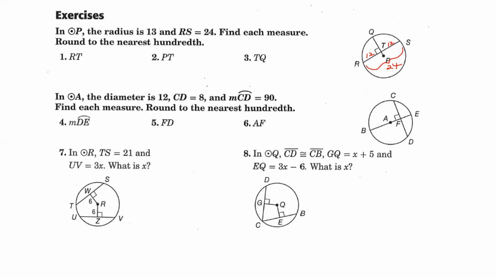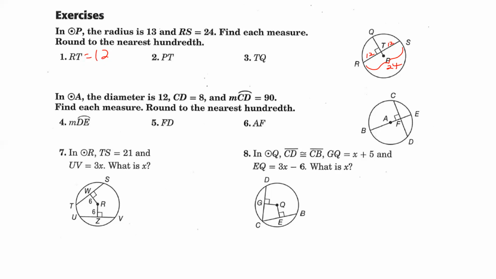Now, they told us that the radius is 13. So QR is 13. Is that going to help us solve for any of these measures? No. The only one that I have right now is the first one. We just said that this one was 12, right? But PT and TQ, how do I find either of those?